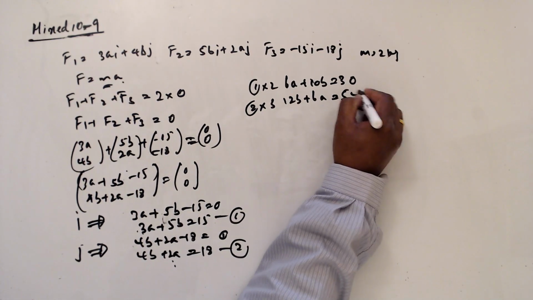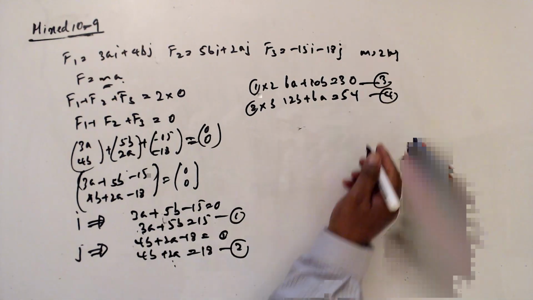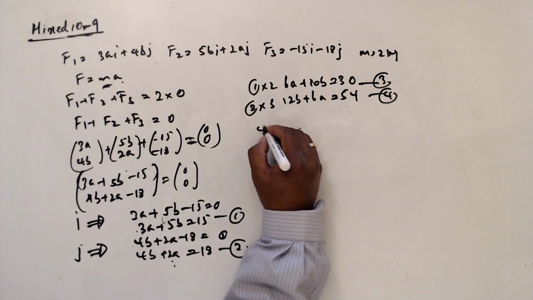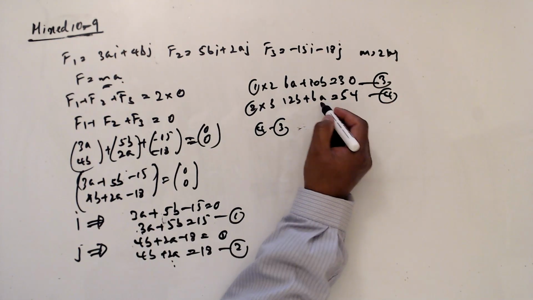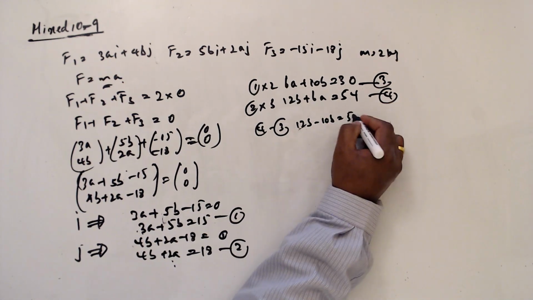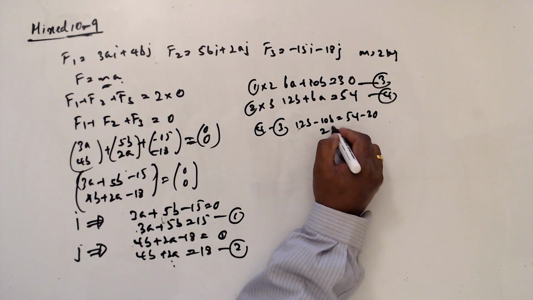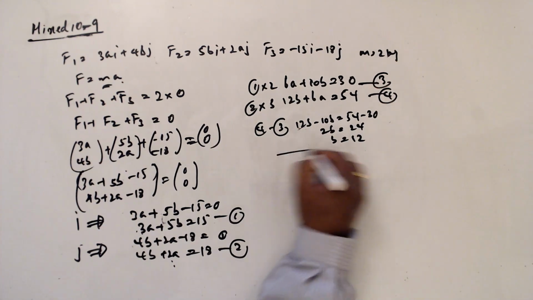That is going to be 54. This is 3 and 4. So we'll take 4 minus 3. Then the a terms cancel out. 12b minus 10b equals 54 minus 30. 2b equals 24, b equals 12.